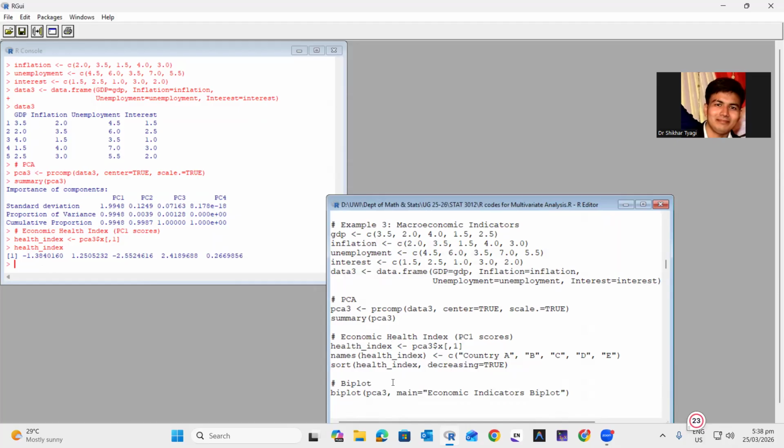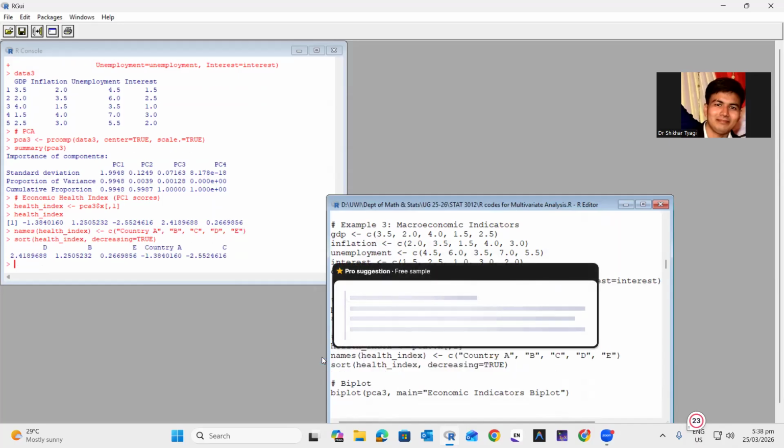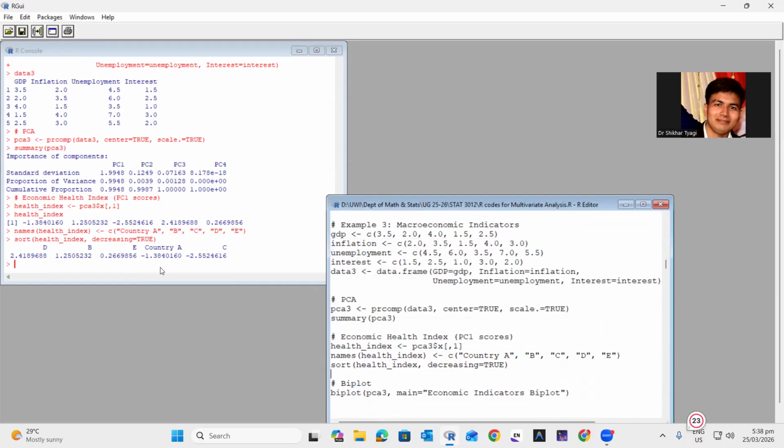Right. And sorted like this. So this is the sorted one. So here, to interpret this one, we need the loadings. So high GDP and low inflation and low unemployment and low interest indicate a healthy economy.